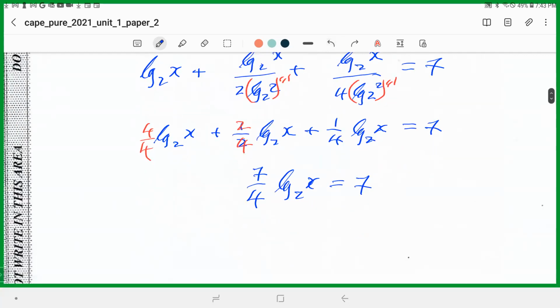So I end up with log to base 2 of x equals 4. And then x is 2 raised to the power 4. Number equals base raised to 4. So x is equal to base 2 raised to the power 4. 2 to the 4 is what? 16. X is 16.